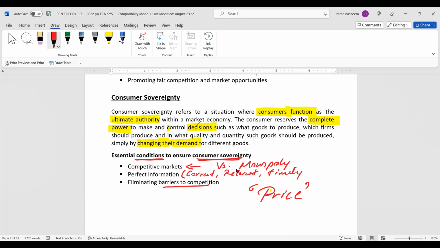Correct, relevant, timely. And ideally, the information should be free. Freely available. Free. Four words. Correct, relevant, timely, free information.